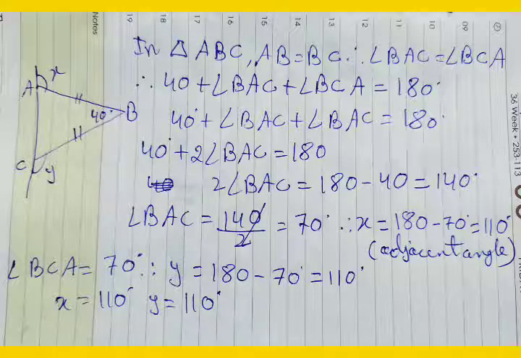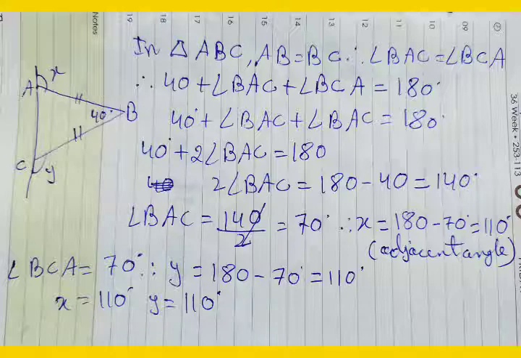So 40 degrees plus 2 BAC is equal to 180, and so angle BAC is equal to 140 divided by 2, that is 70 degrees. So x is equal to what? 180 minus 70, 110. The reason is adjacent angle. Angle BCA is 70 degrees, and y is equal to 180 minus 70, that is 110. So the value of x is 110, and the value of y is also 110.